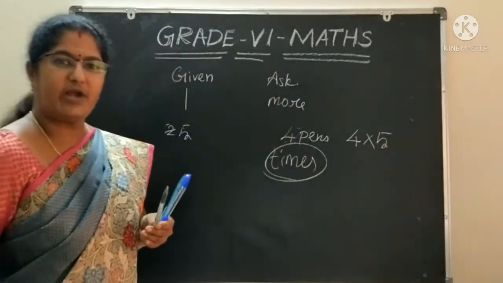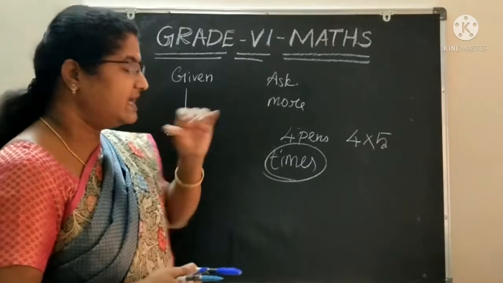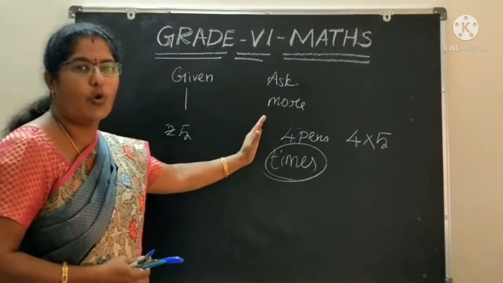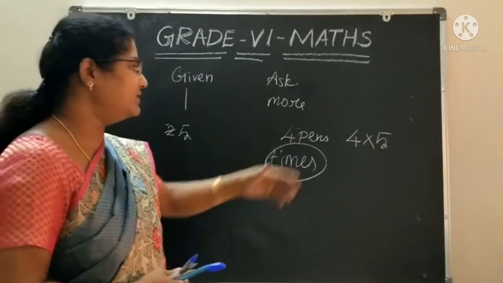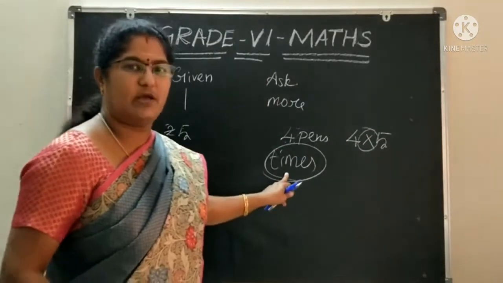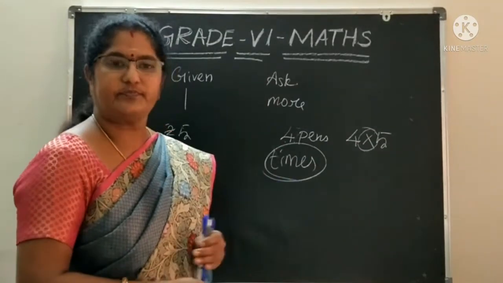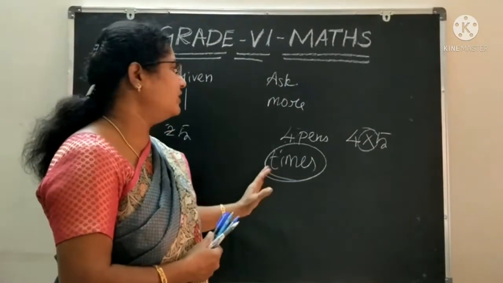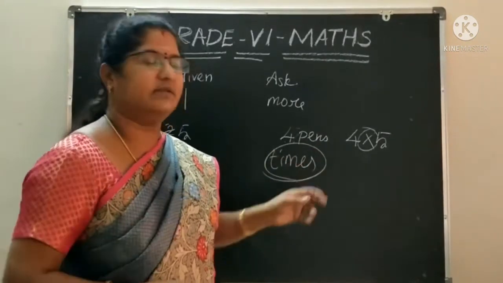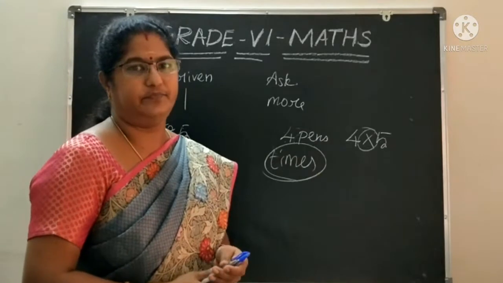Okay, so how do you identify multiplication? They give the value of 1, and we need to find more things, so we have to use the multiplication symbol. Also the words times, more times. So when we get more, that is, the value increases, we have to multiply.